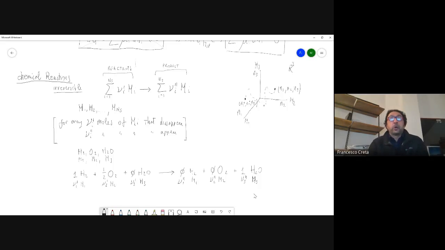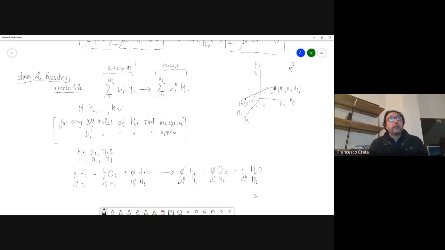So what we will see is that, in fact, these stoichiometric coefficients, there's a very definite way in which we can think of them as components of vectors, okay? And the reaction is essentially a specific direction that conserves the number of atoms, okay? And this is what we're going to see later.